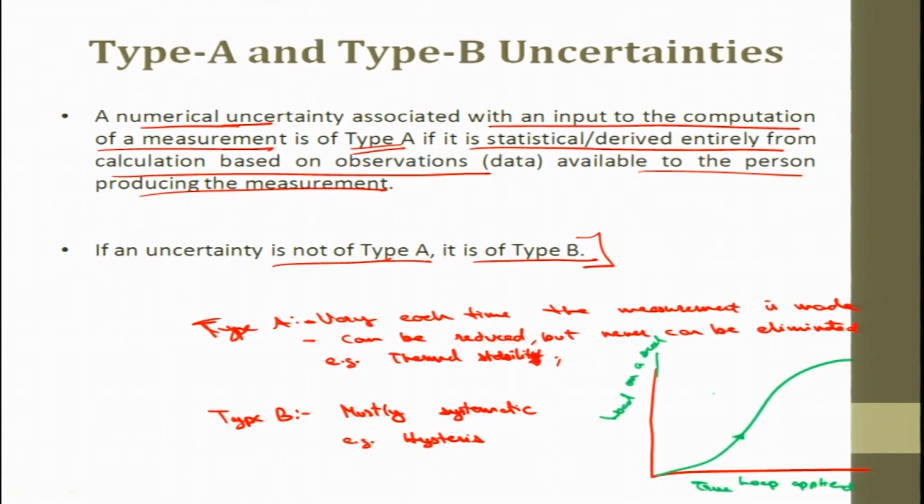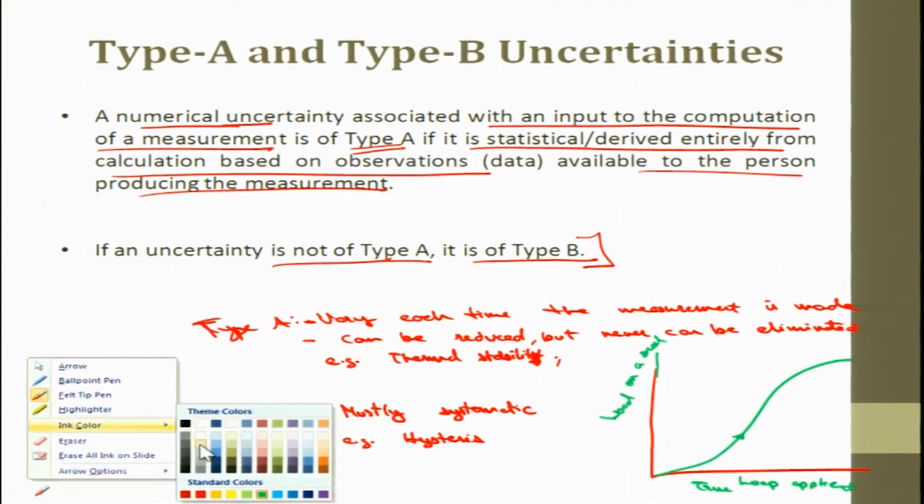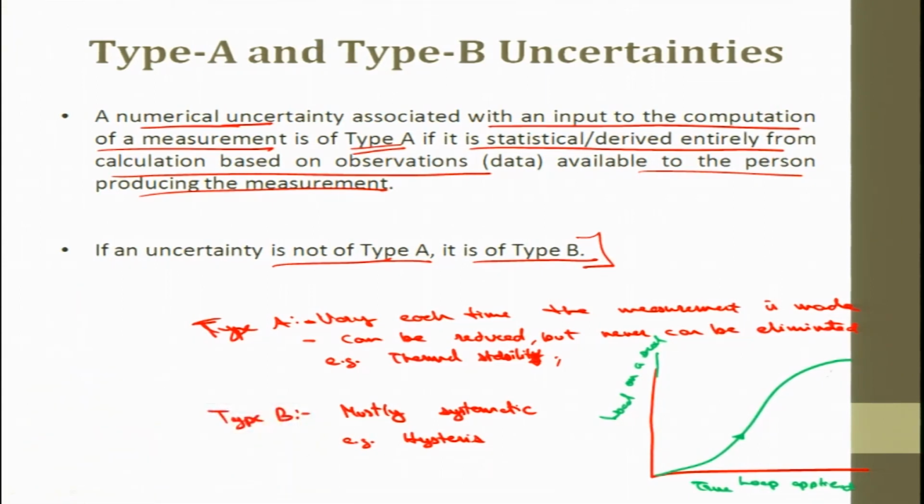So when we unload this, I'll pick another color for you to appreciate in a better way. When we unload this, it becomes something like this. So what happens, this is increasing, this is decreasing, the blue line is decreasing.